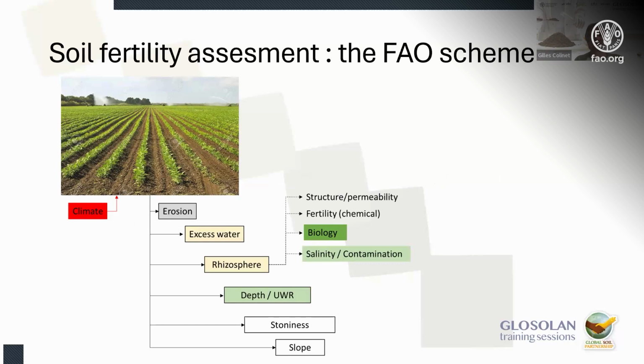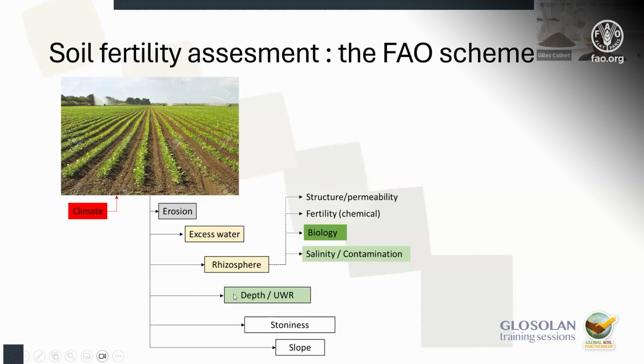You have a classification of the soils according to the number and types of limitations that you can find, such as erosion risk or excess water, or rhizosphere limitations such as poor structure, poor permeability, poor chemical status, poor biological activity, risk of salinity or contamination.